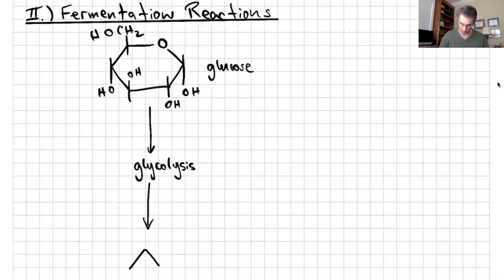That's that 3 carbon alpha keto acid that is essentially glucose split in half once we've run the set of reactions. So we get pyruvate as one of the products.